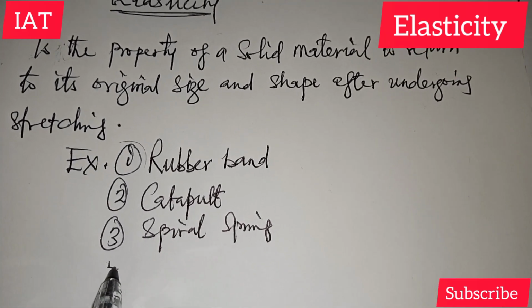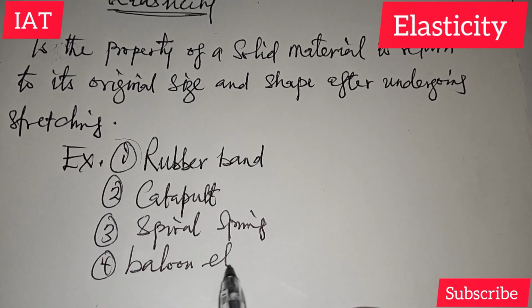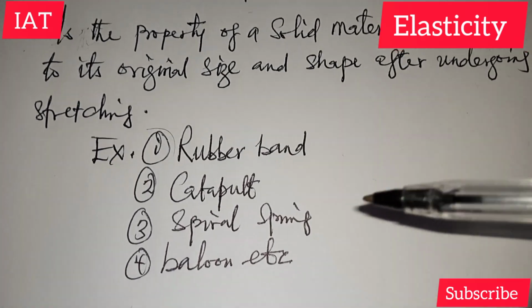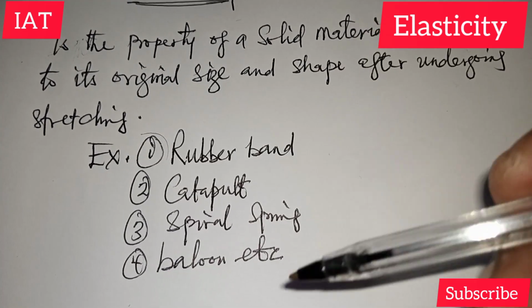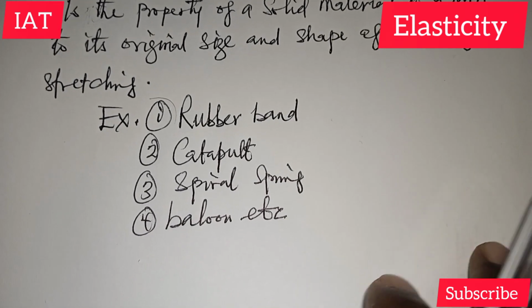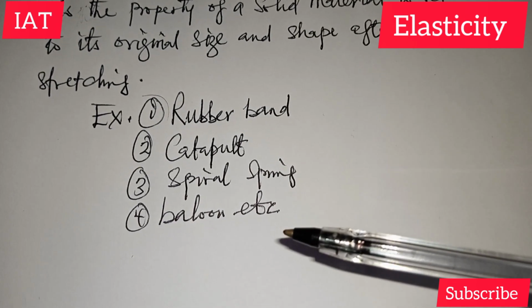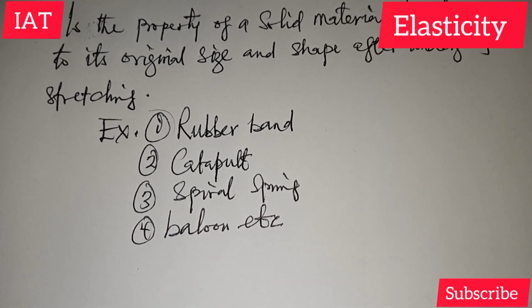We even have the balloon, and so on. There are many. So these materials I've listed are elastic materials. There are a lot of things we're going to discuss using either the catapult, rubber band, spiral spring, balloon, or any of the elastic materials to demonstrate.